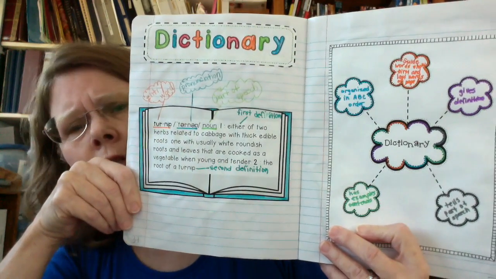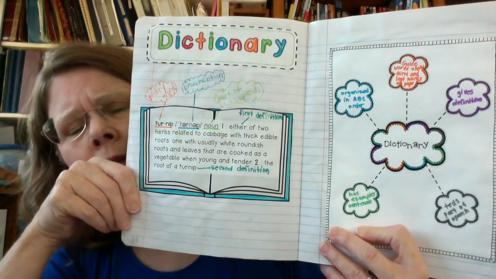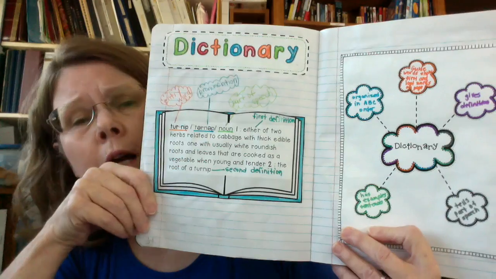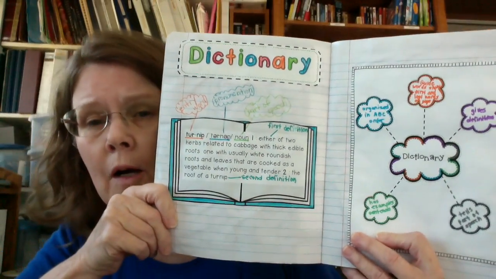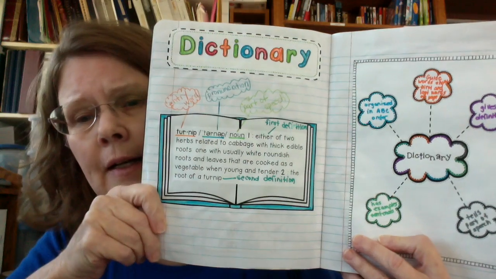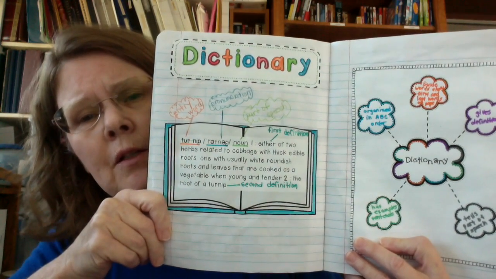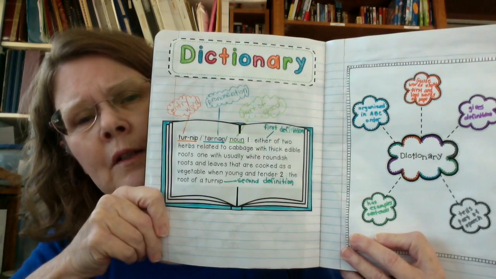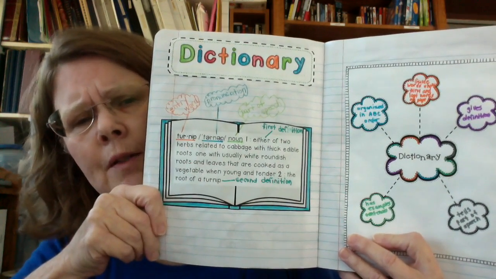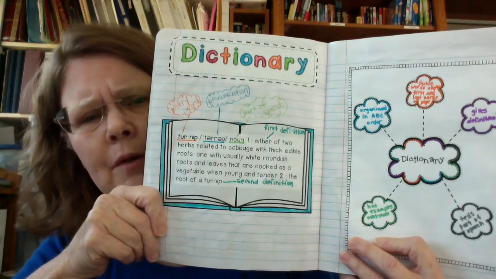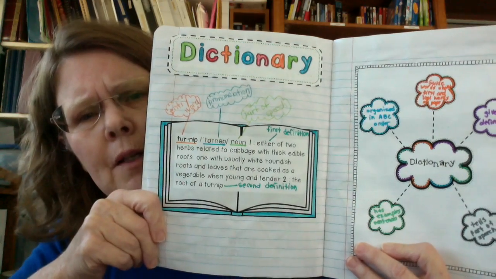So let's go ahead and start working. If you have different colored pencils or different color small markers, that would make it a little bit easier to tell the different parts apart. But you don't have to. You can just use your regular pencil if you like.